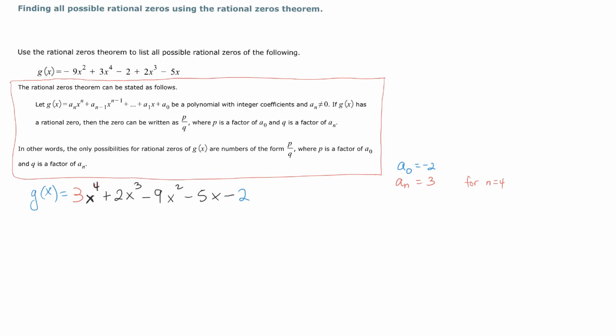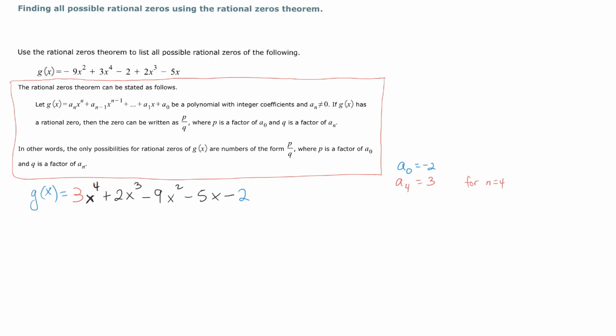Now, the rational zeros theorem says, if there are any possible rational zeros, they have to have the form where they are factors of negative 2 over the factors of positive 3.